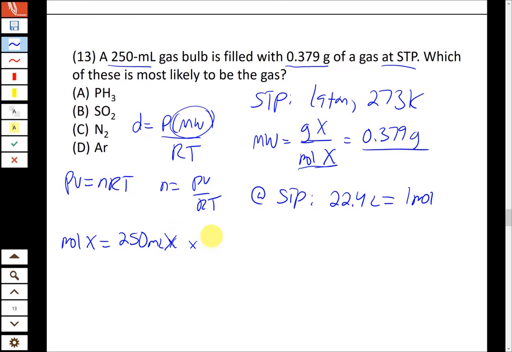Capital X. And then we're going to convert to liters first, because this relationship involves liters. And then we're going to use this relationship here, 1 mole for every 22.4 liters.